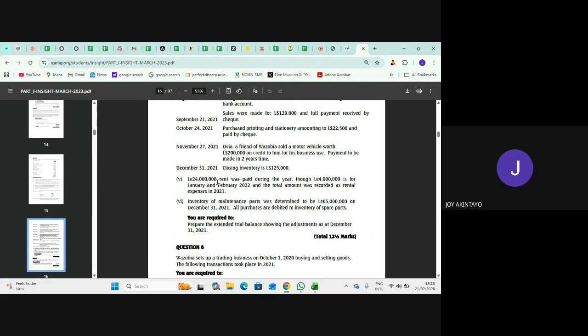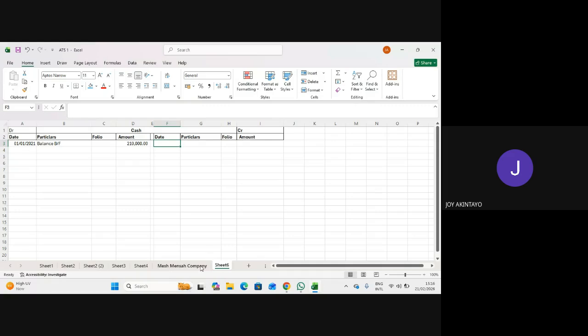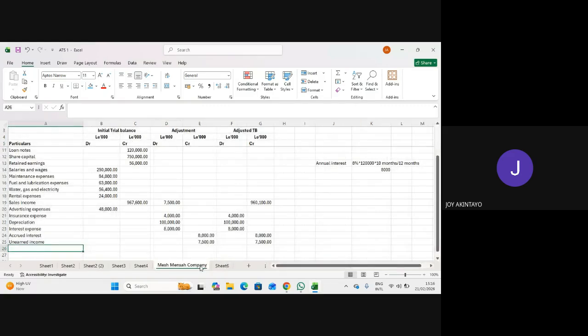The 24 million naira was paid during the year, though 4 million of it relates to the next period.